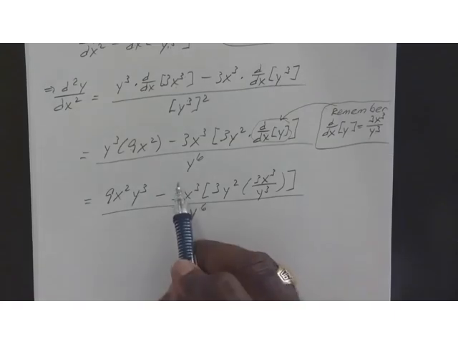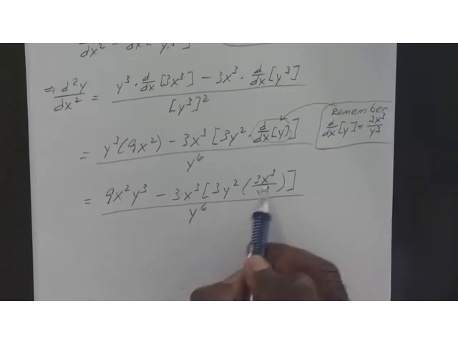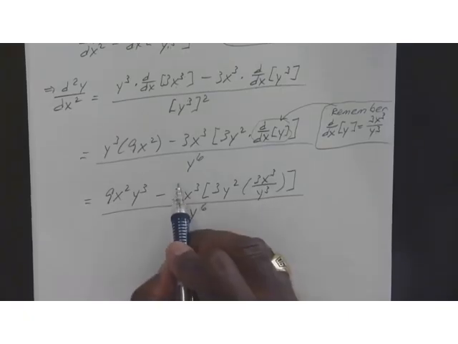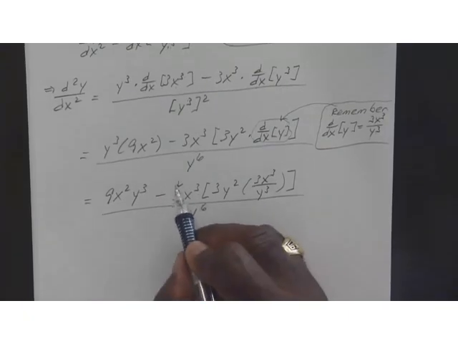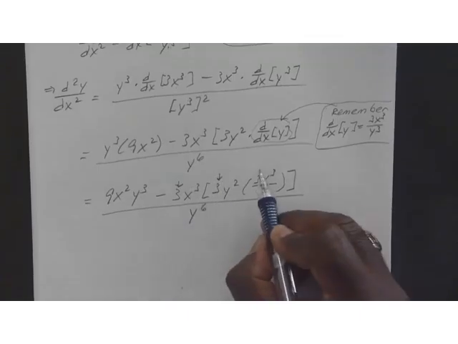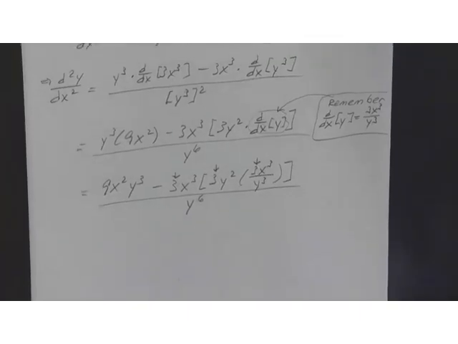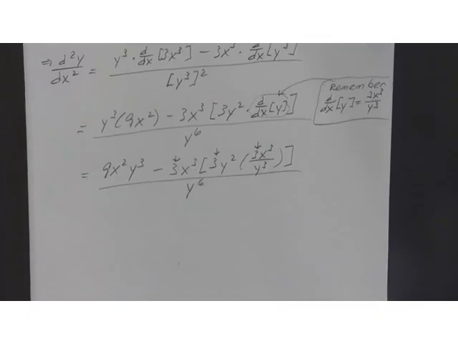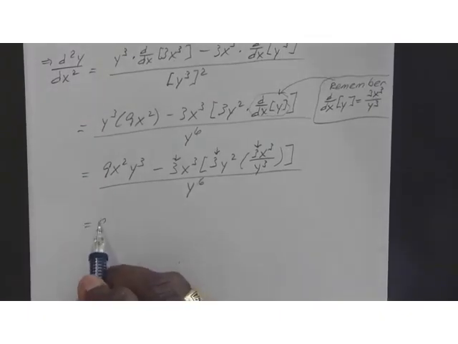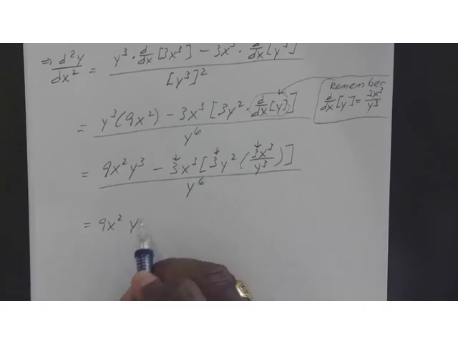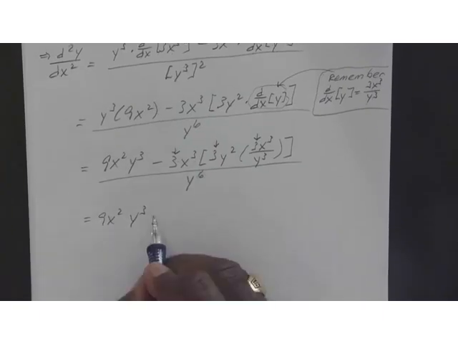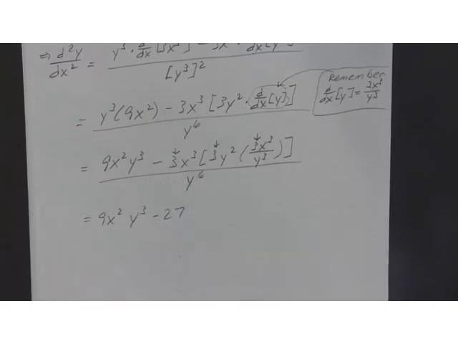Okay. So here we can actually, because all of these are just being multiplied to each other, multiply this 3, this 3, and this 3. So that gives us 9x squared times y to the third power minus 27 if we multiply those three 3's together.